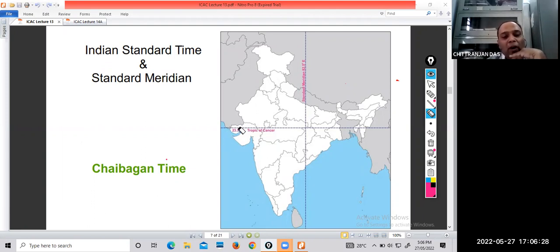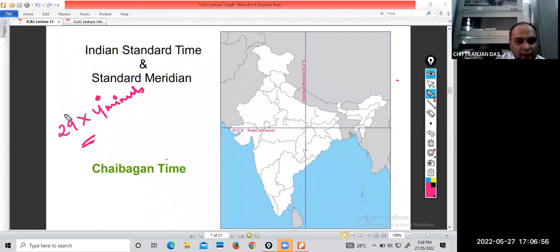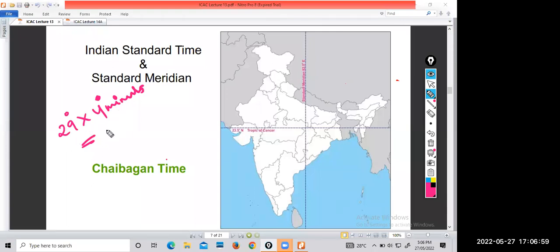Now you see, the difference of longitude is 29 degrees, and how much time does the sun take to cross one longitude? 4 minutes. So 29 into 4 is equal to how much? 116.